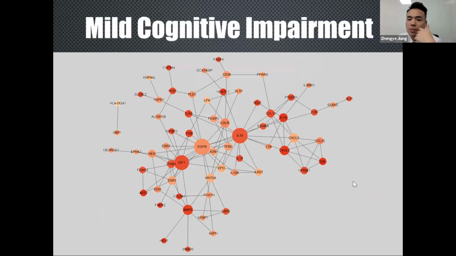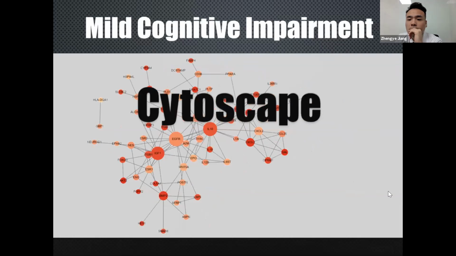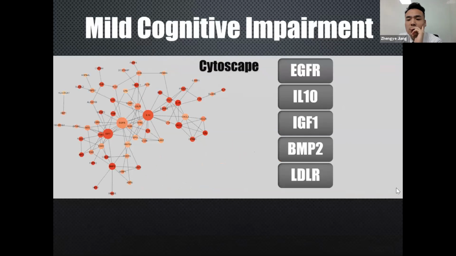Similarly, we constructed a PPI network containing 64 complete DEGs in the MCI group. In the MCI group, the top 5 central genes were EGFR, IL10, IGF-1, BMP2, and LDLR.